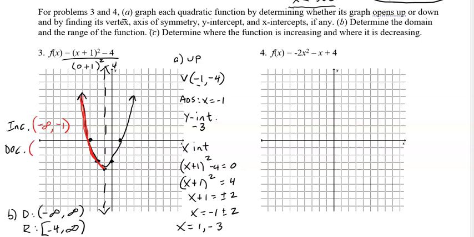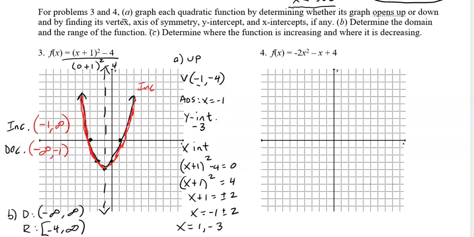And then it's decreasing, oh, sorry, I got that switched. This should be the decreasing, -infinity to -1. And then it's increasing on the other side, so this is the increase. And so that's going to be from -1 to positive infinity. All right, that takes care of number 3.